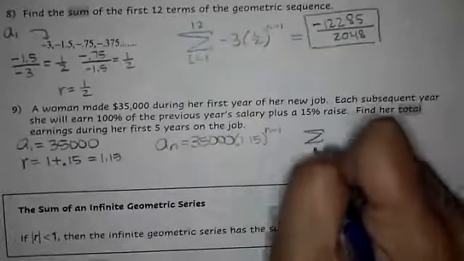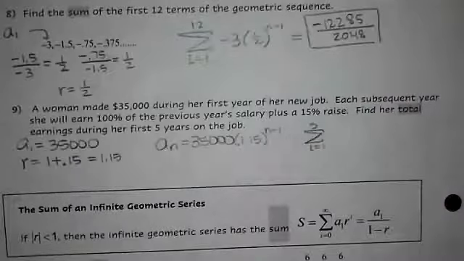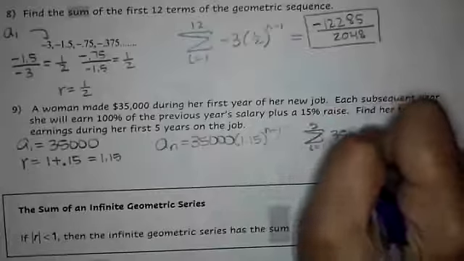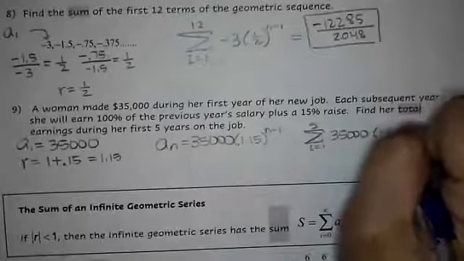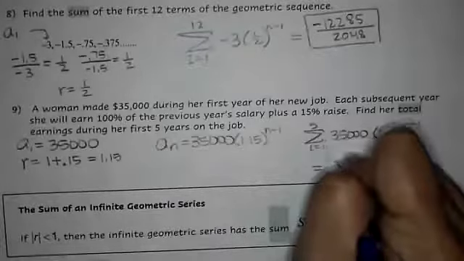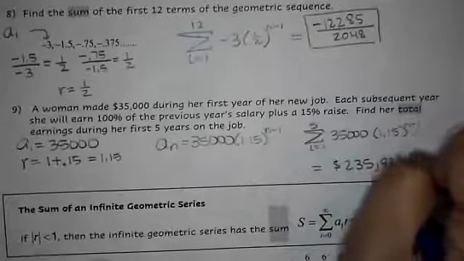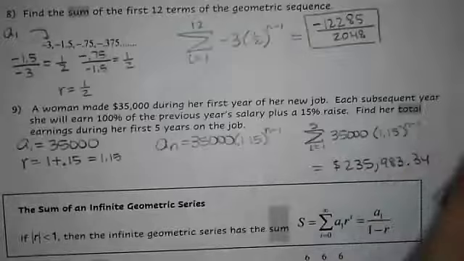We use our sigma to indicate the first 5 years. And then you just put it in your calculator and you find that she made $235,983.34.